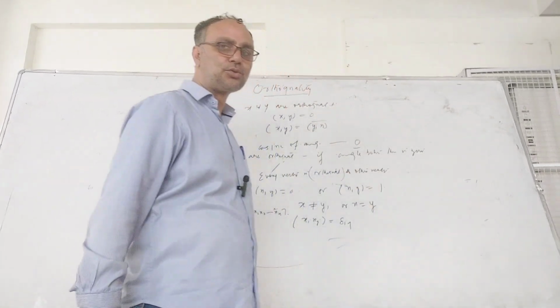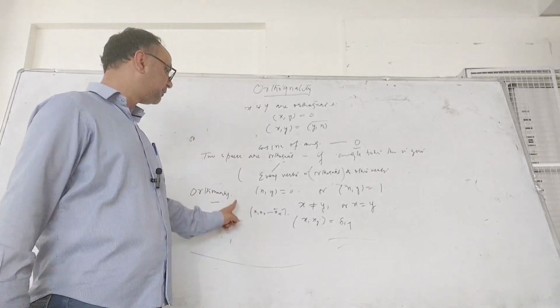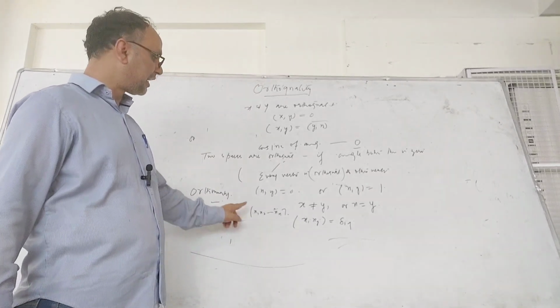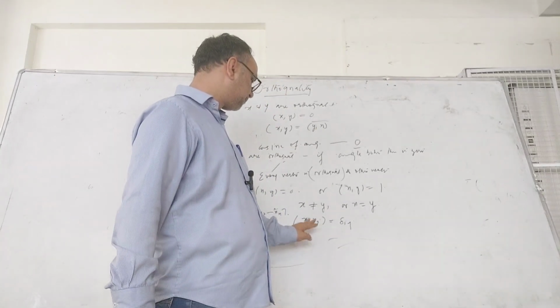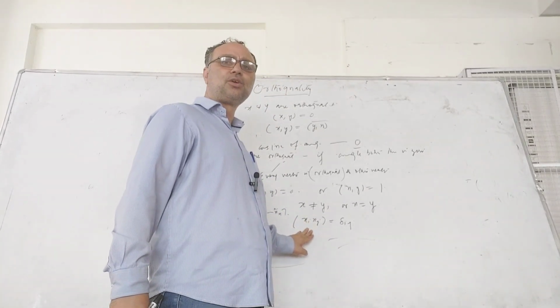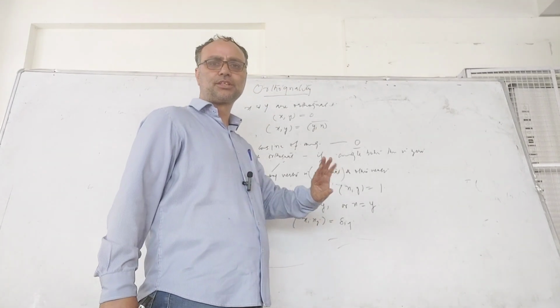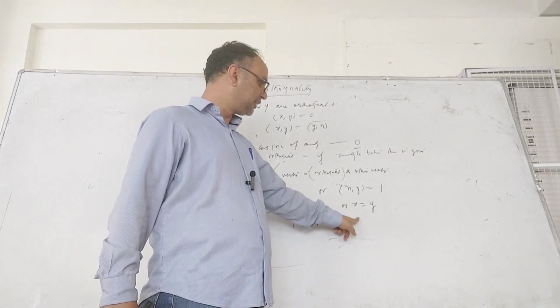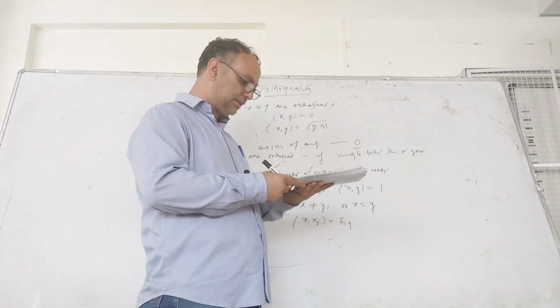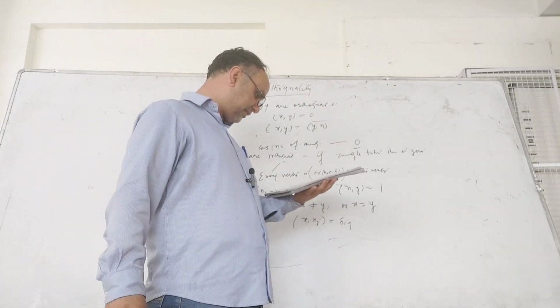So the orthonormality condition between two vector spaces can be defined in this manner: if one vector is not equal to another vector, their inner product will be 0, otherwise it will be 1.